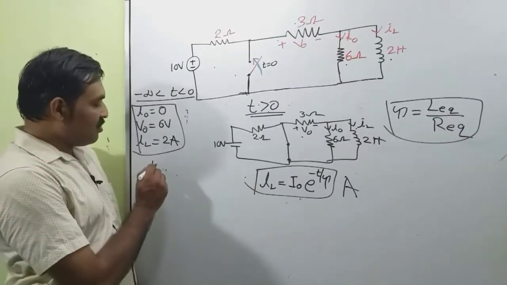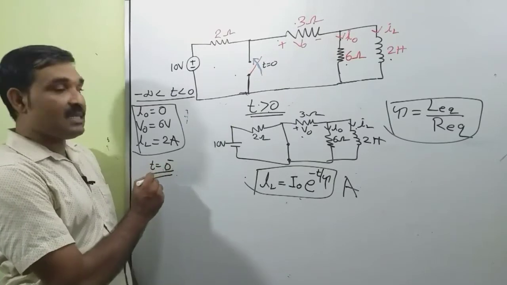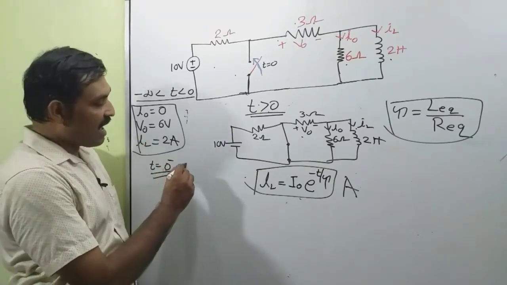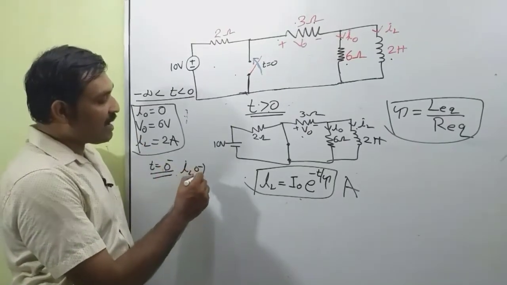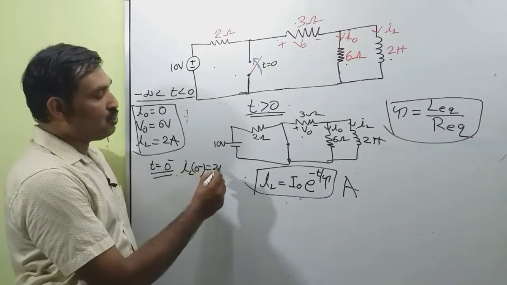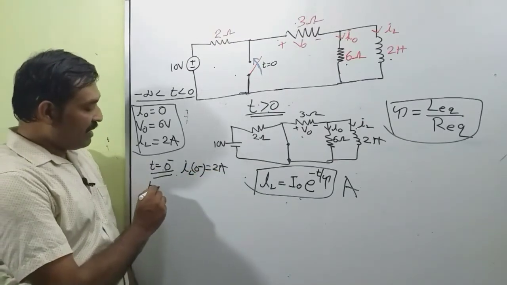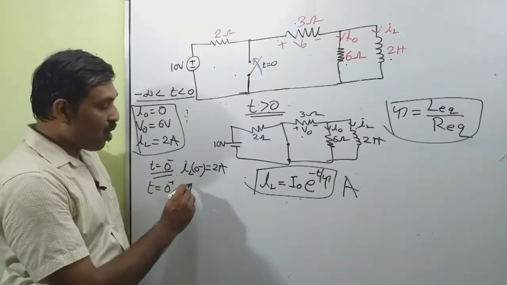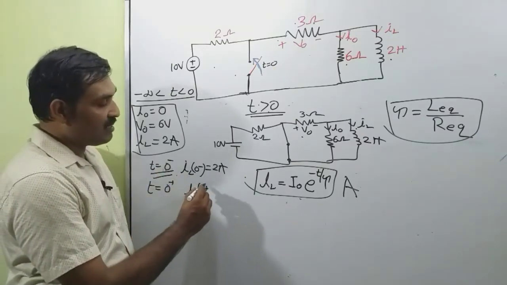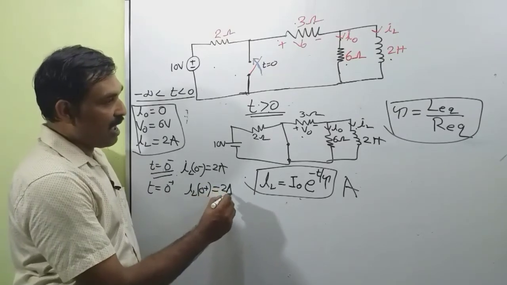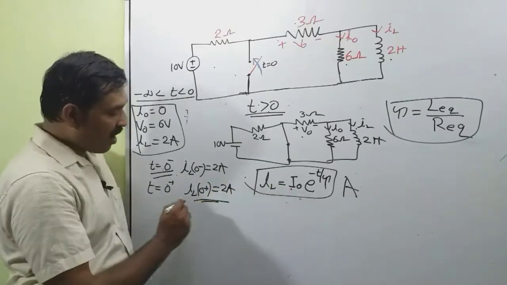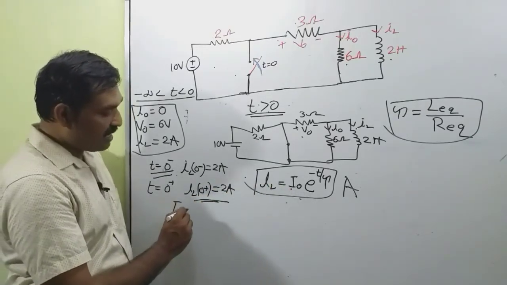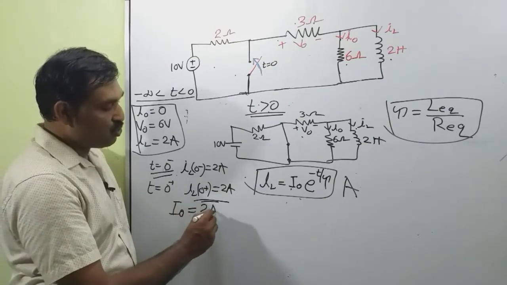At t equal to 0 minus, the value of current IL 0 minus is equal to 2 ampere. So at t equal to 0 plus, IL 0 minus is equal to IL 0 plus, that is equal to 2 ampere. So the initial current through the inductance is equal to 2 ampere.